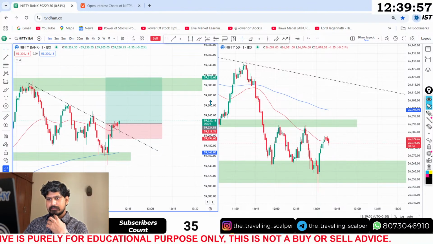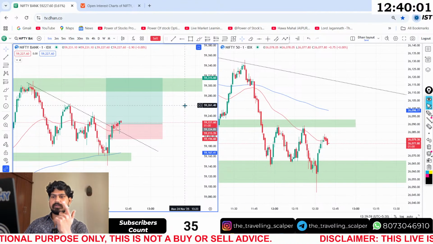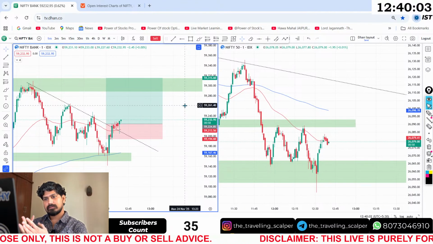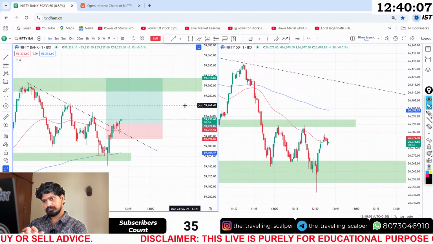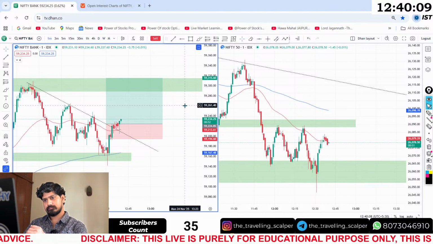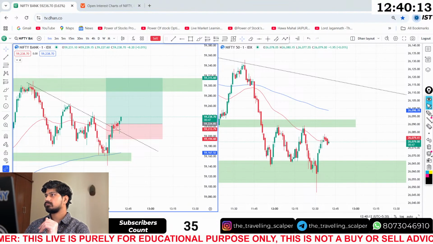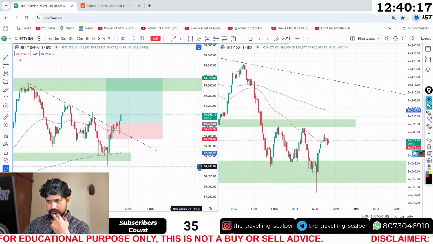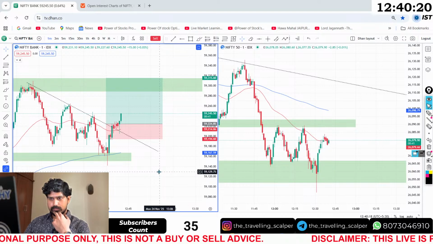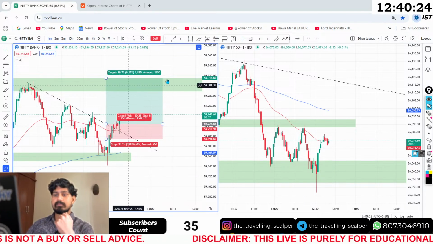90 points in Bank Nifty is a very small move. Bank Nifty can move 30, 50, 100 points in an instant. Okay, come on, superb, next level. The kind of confidence I have in Bank Nifty, I don't have in Nifty.